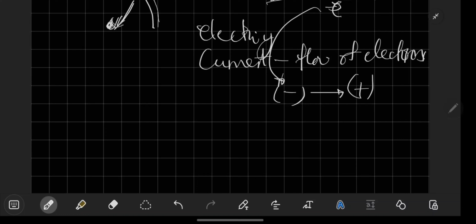Kasi ngayon, usually, in computation, ginagamit yung conventional flow. And then, at the same time, for proving, ginamit yung electron flow. Kahit saan sa dalawa, pwede mong gamitin. Okay? Pwede mong gamitin magkasabay yung dalawa. Pero kung mas prefer mo yung conventional flow, gamitin mo. Kung mas prefer mo yung electron flow, gamitin mo rin.